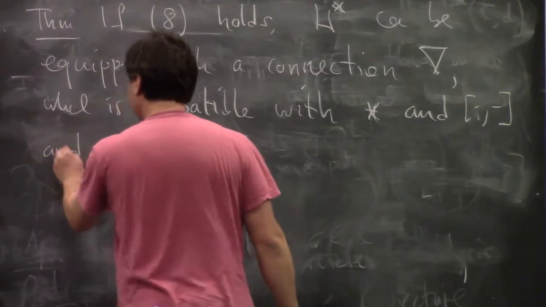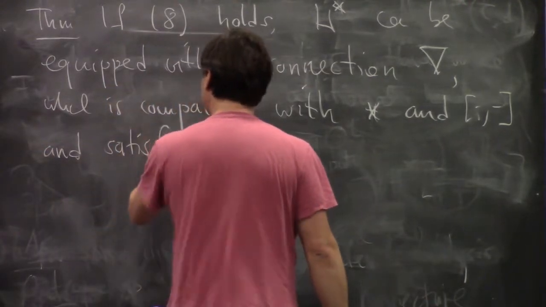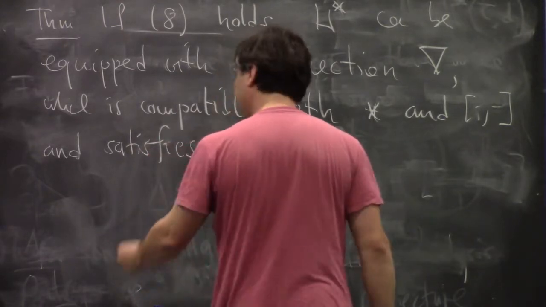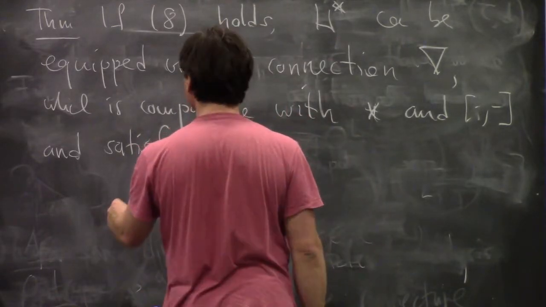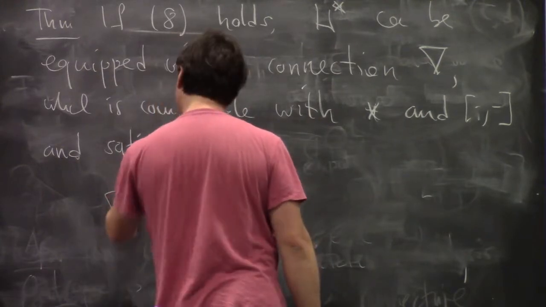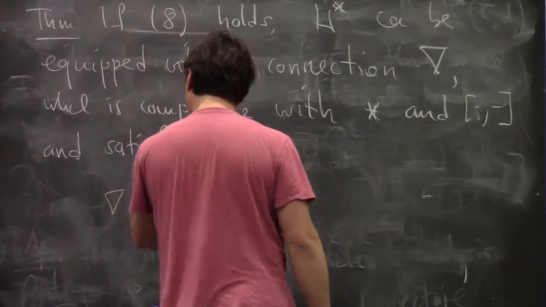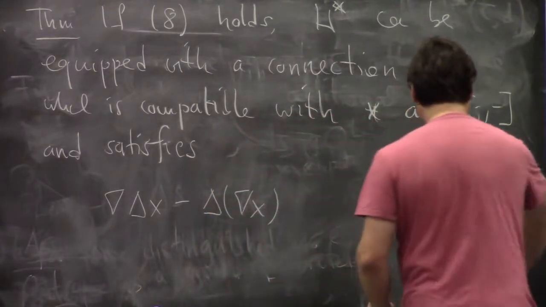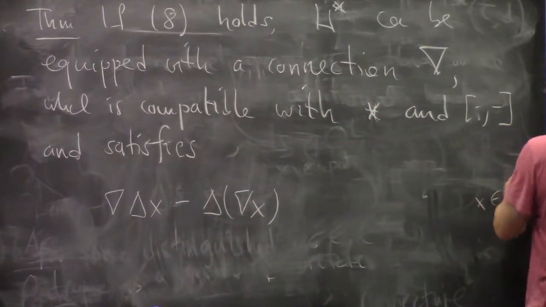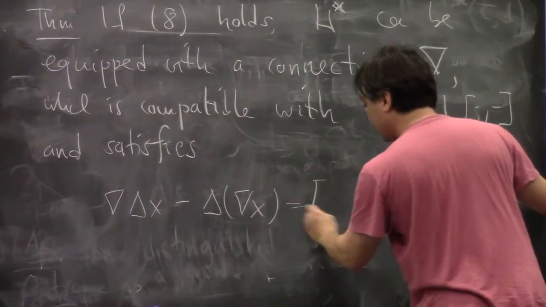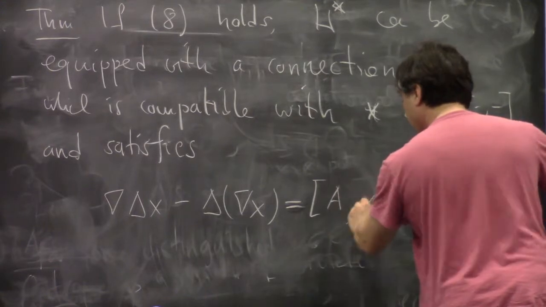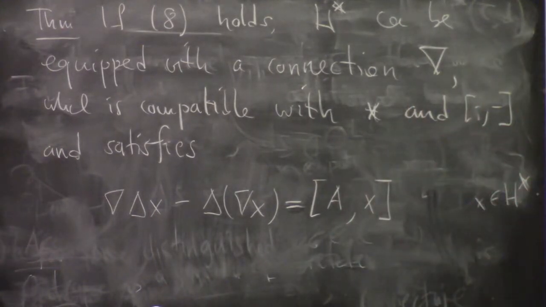And satisfies, if you want to see what this guy here is, on the cohomology level, X in H star, that is just given by the bracket with A. Okay.